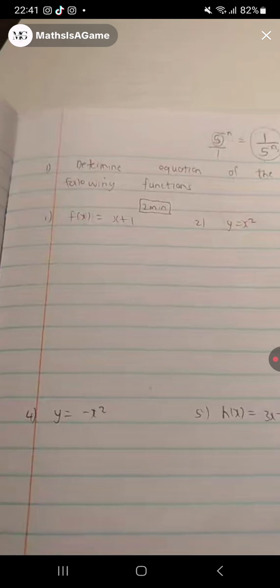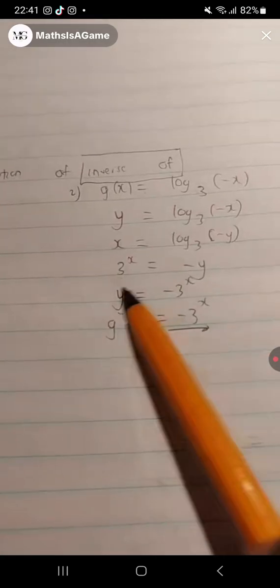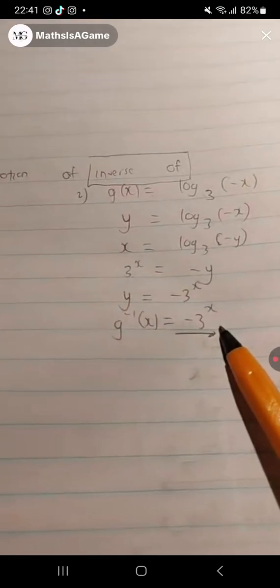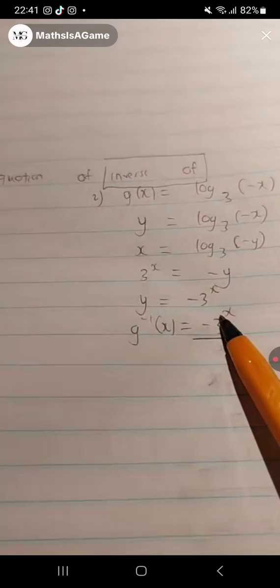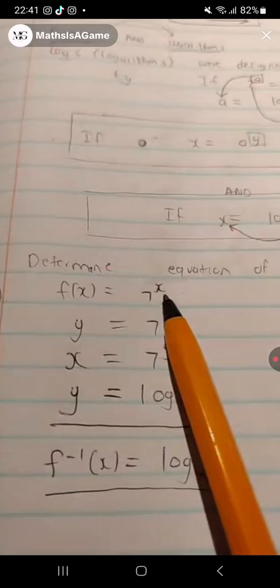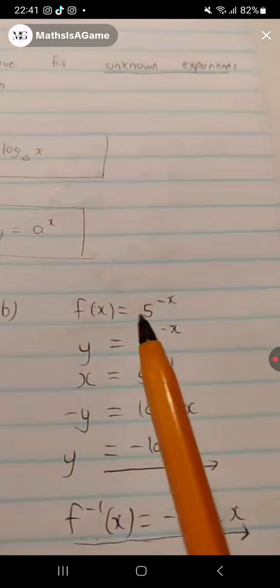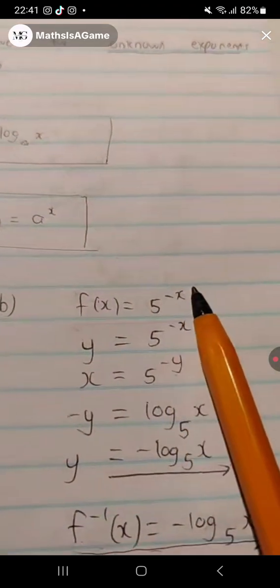No dear, it won't apply here, because in the previous questions there was no negative exponent. Here we were given a positive exponent, and here we were given a negative exponent.